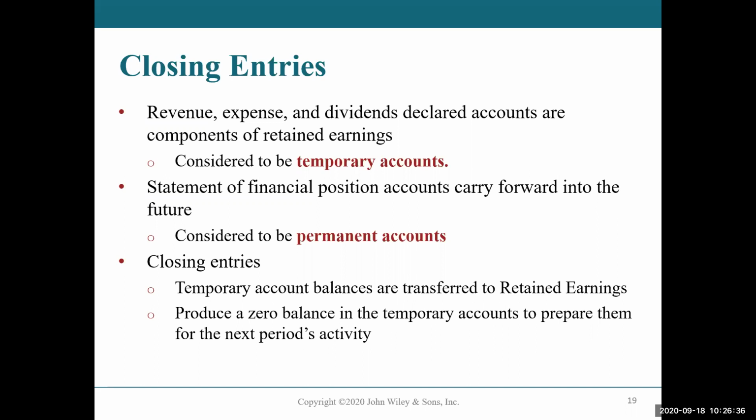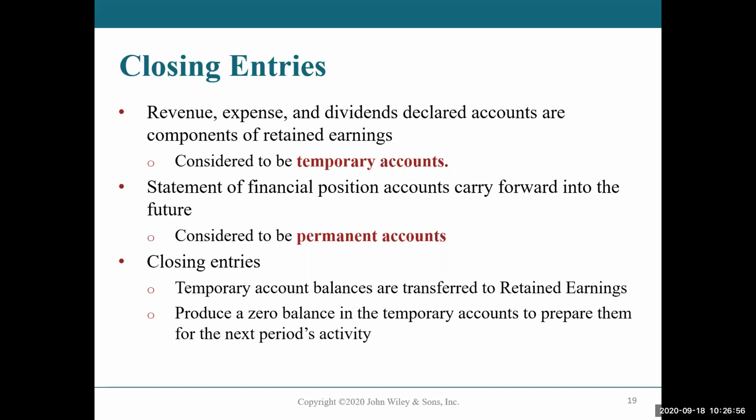year. Why we do that is the companies want to keep their revenue, expenses, dividends separate for each year, okay, for decision making. Let's say if you're looking at the 2020 statement of income, you only want to know what is your income and revenues for this year.